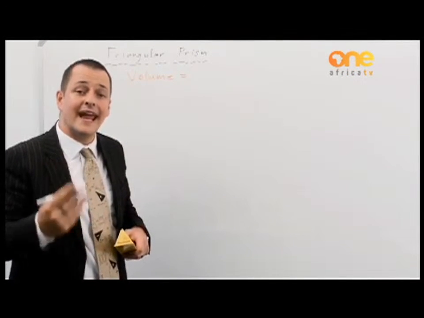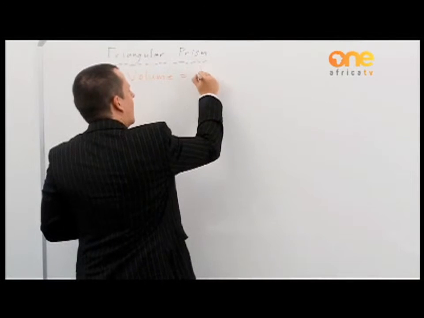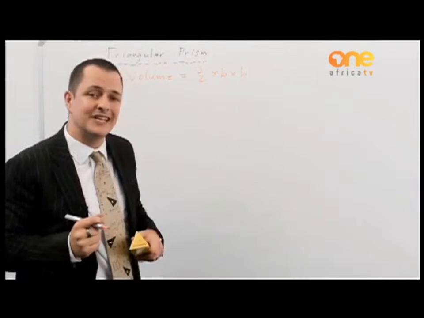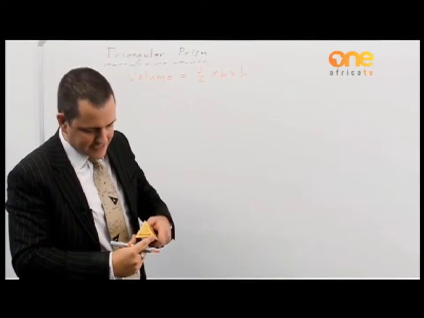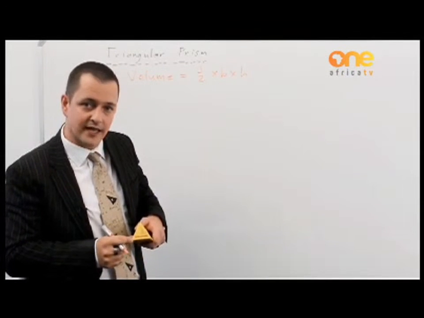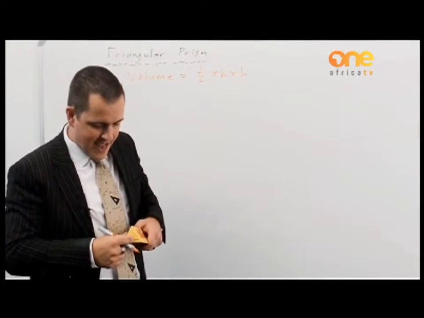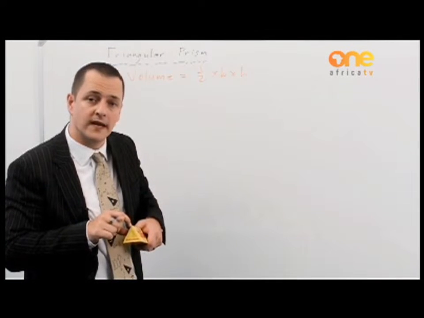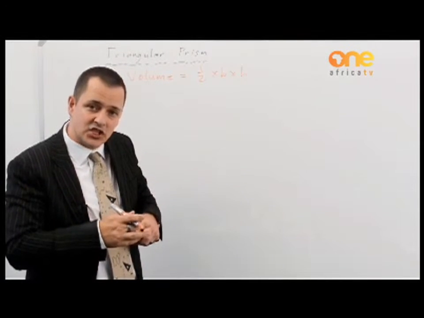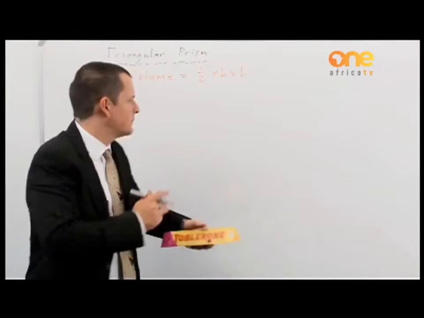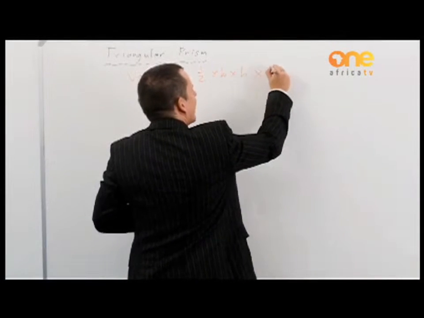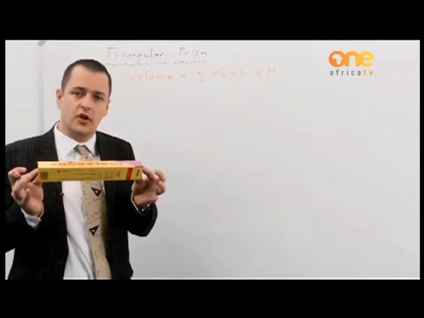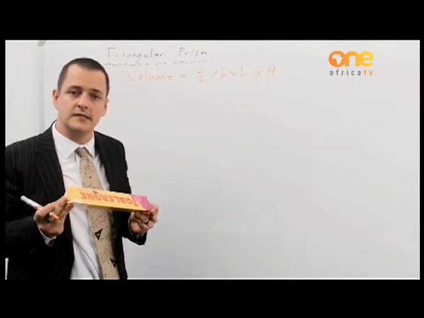And remember, the area of a triangle is a half times the base times my perpendicular height. So in other words, I need to take one side of this triangle as the base, and then a perpendicular distance up to the other vertex or corner. That will be the area of the shape times by its depth, and I'm going to label that as capital H. So let's measure the volume of this Toblerone box.